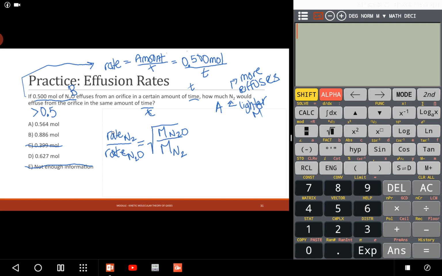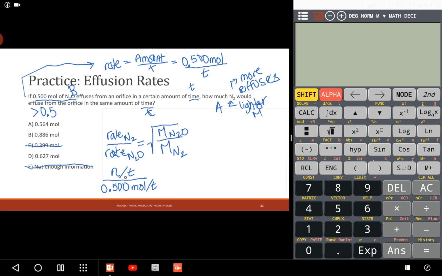So my rate of N2 is going to be however many moles, I'm going to use n divided by t. And then my rate of N2O is going to be 0.500 moles per t.